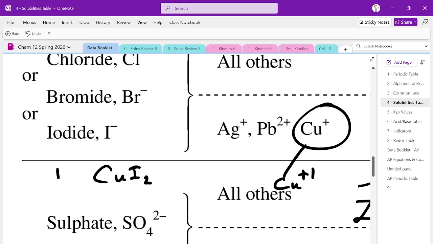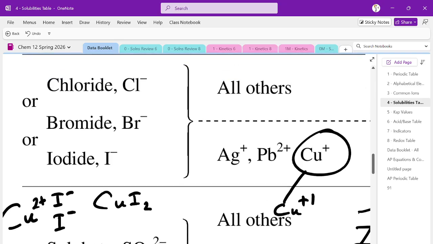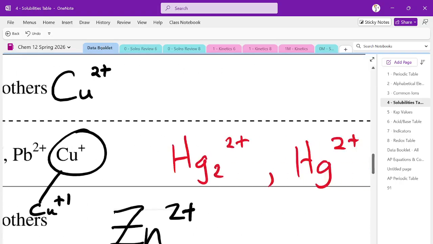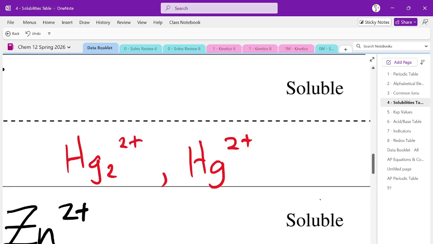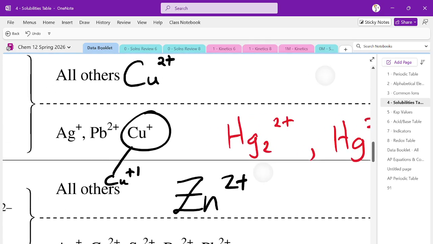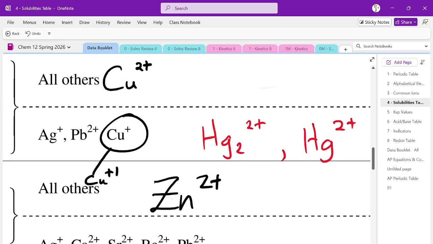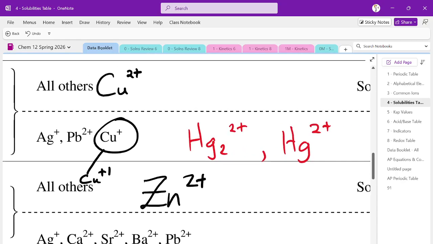Each iodide is -1. So the copper has to be copper 2+. All right, and so copper 2+ would be up in the all others, which would make it soluble, which would make it aqueous, okay?